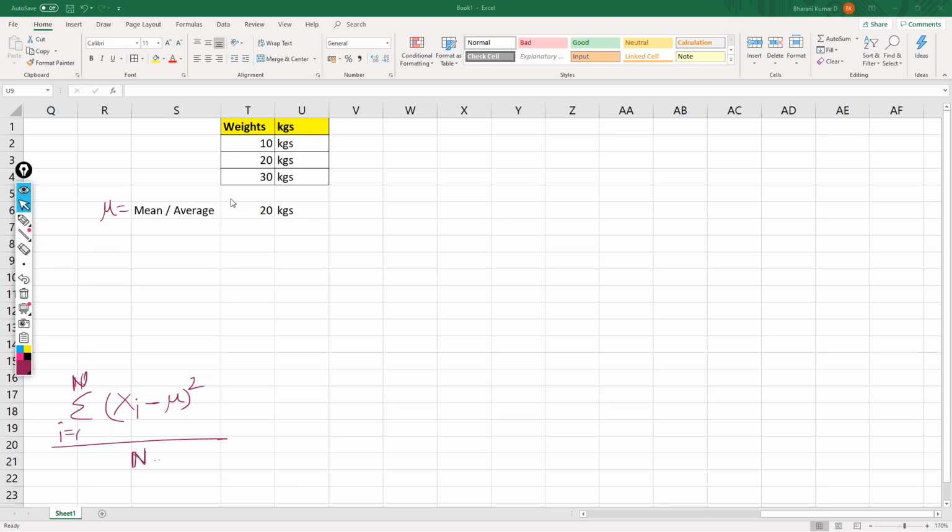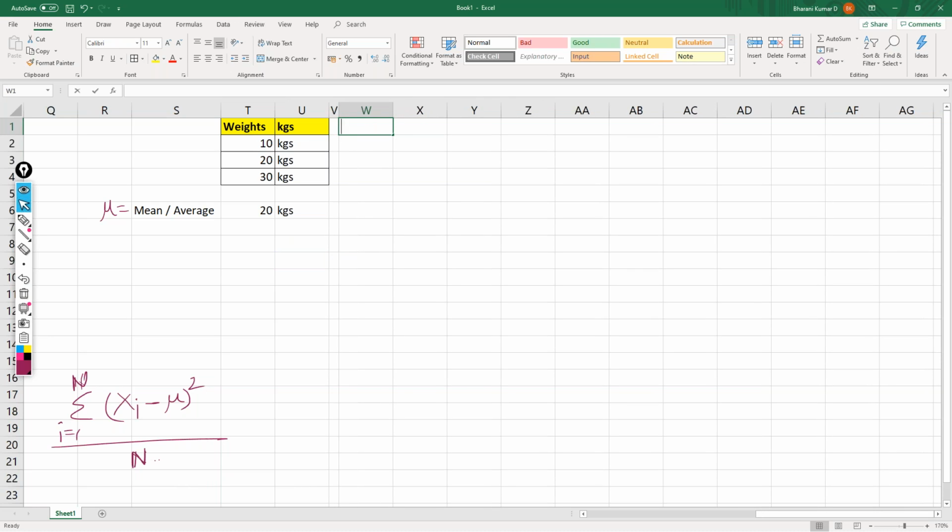Now here, what is the next step? How far away is each point from average?